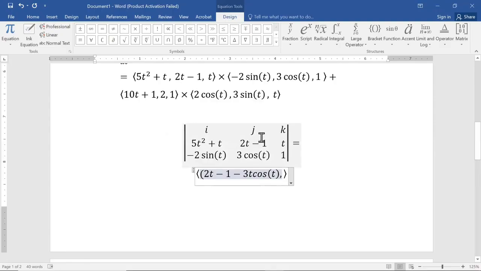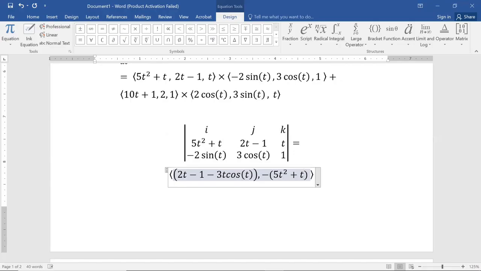My y component is going to be negative of whatever I get. I'm going to do the 2x2 thing. I'm going to eliminate the j row and j column. So I take 5t squared plus t times 1. And then I'll do a minus negative 2 sine t times t.